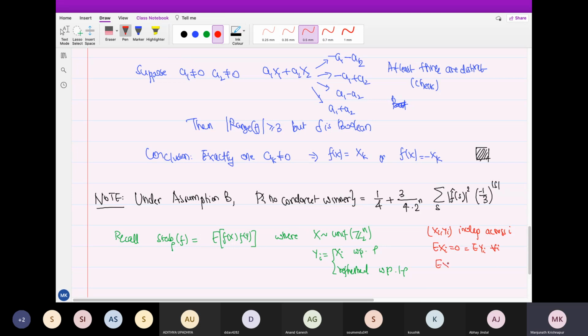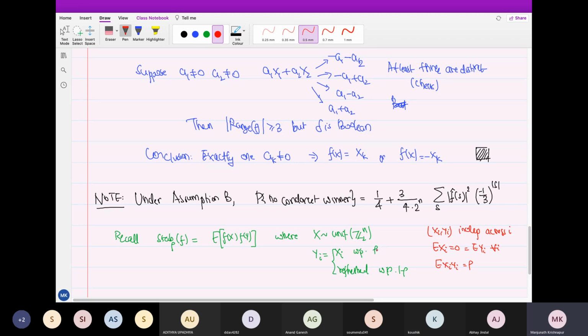But x_i and y_i are correlated, and that correlation is this number rho. So is this the right one? Maybe this is rho by 2. Is it rho by 2?